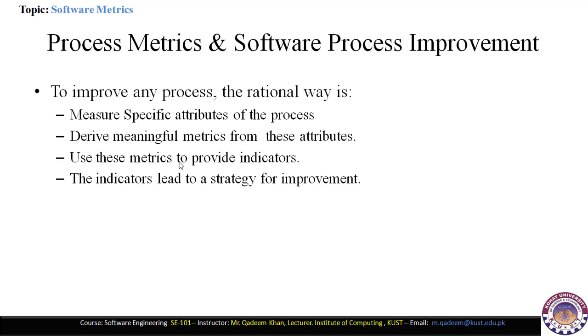Now, the process metrics and software process improvement. Dear students, as we already explained in the previous lectures, the metrics which improve the life cycle model or a software development process are called the process metrics. Now, the process metrics have a lot of involvement in the software process improvement. To improve any process, the rational way is to measure the specific attributes of the process.